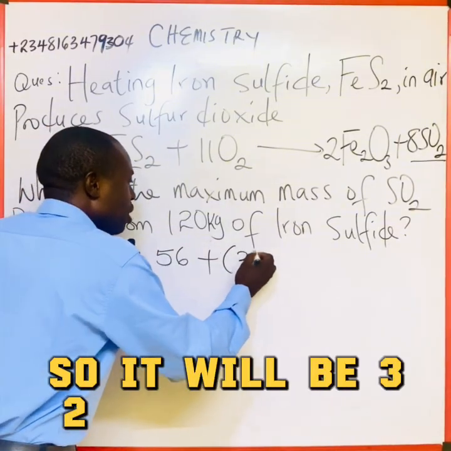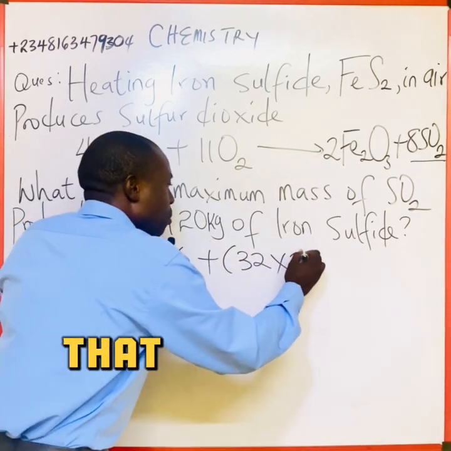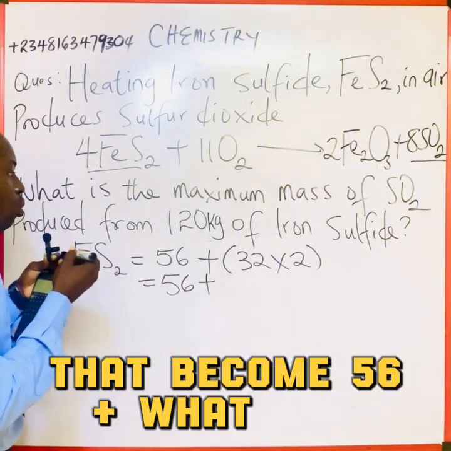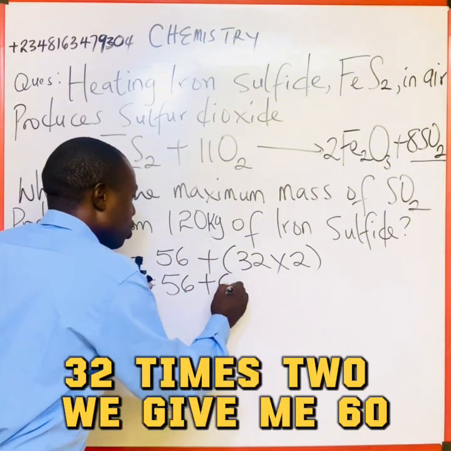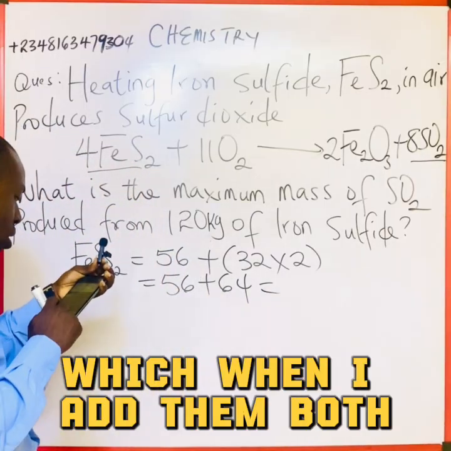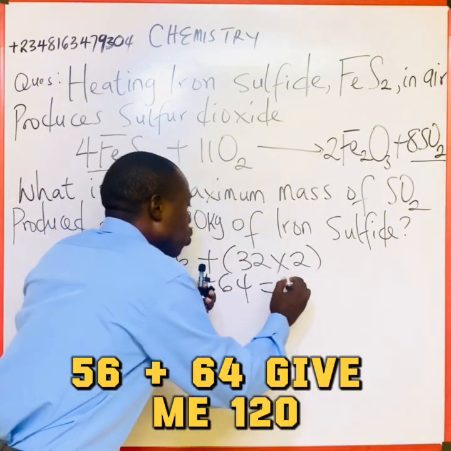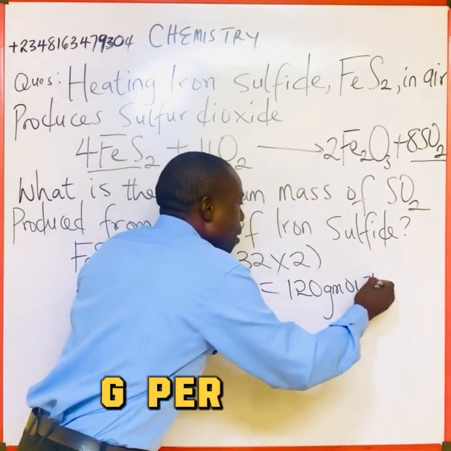So it will be 32 multiplied by 2, because there is a 2 here, which is 2 atoms of sulfur. So 56 plus 32 times 2, which is 64, and when I add them both, 56 plus 64 gives me 120 gram per mole.